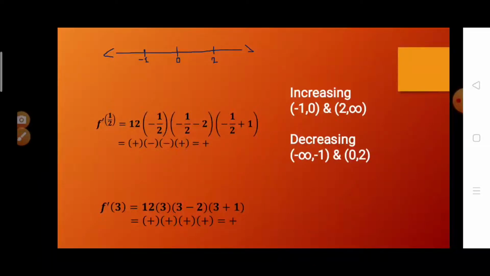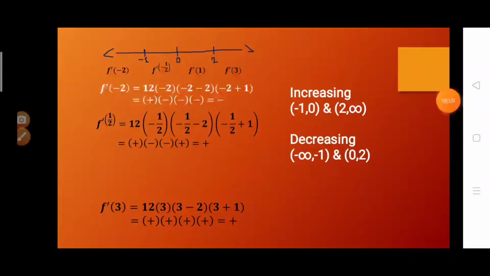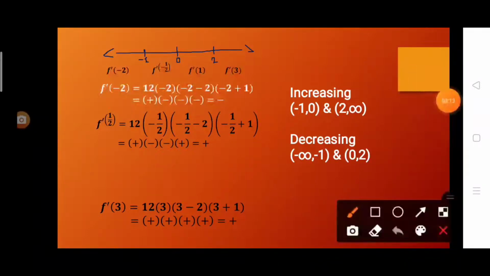So to test these points, first, let us test negative 2. So we have f prime of negative 2 is equal to 12 times negative 2 times negative 2 minus 2 times negative 2 plus 1.